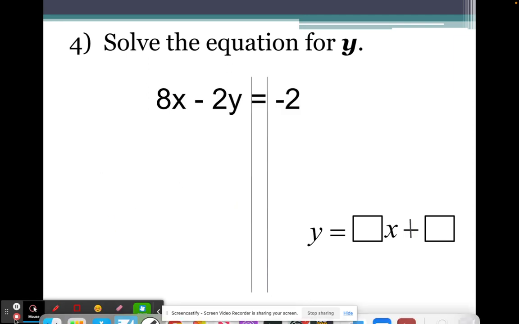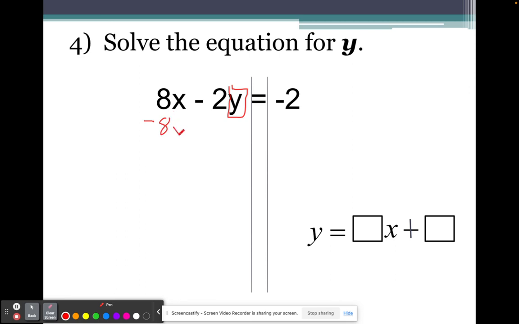Again, I'm solving for y in this case. Again, I'm writing it in y equals mx plus b form. I'm going to get this y by itself. Let's subtract 8x from both sides. Again, my x comes first in y equals mx plus b, so I'm going to write the x first when I start writing this.